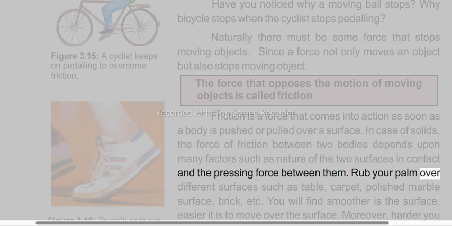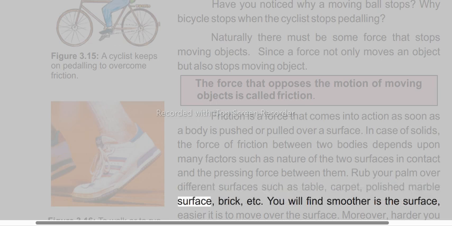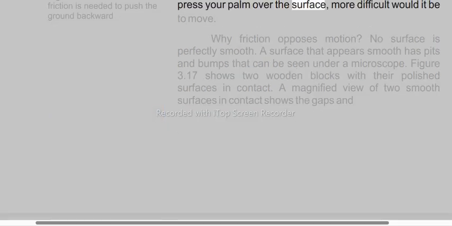Rub your palm over different surfaces such as table, carpet, polished marble, brick, etc. You will find the smoother the surface, the easier it is to move over the surface. Moreover, the harder you press your palm over the surface, the more difficult it would be to move.